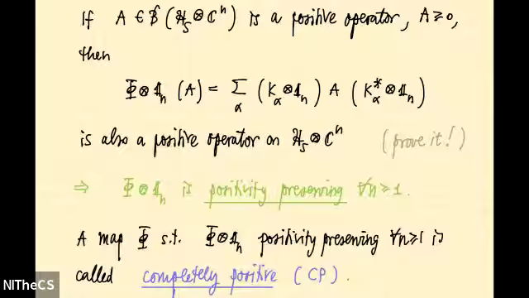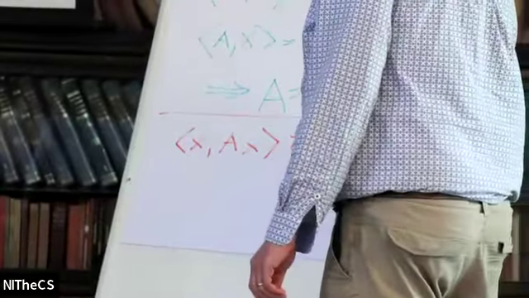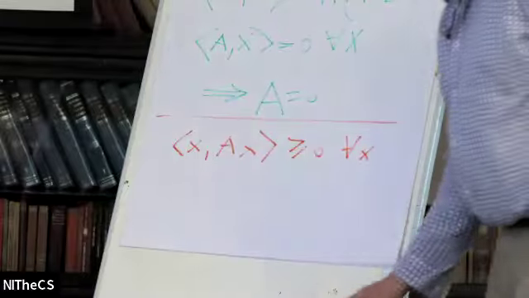I don't know if this makes any sense to you. This sounds a little bit dry, I admit. But being positive and being positivity preserving and stuff like that is extremely important. A matrix A is positive, that's one of the ways of saying this, if for all vectors x, if I apply A to x and I take the overlap with x, I get something non-negative. Okay?